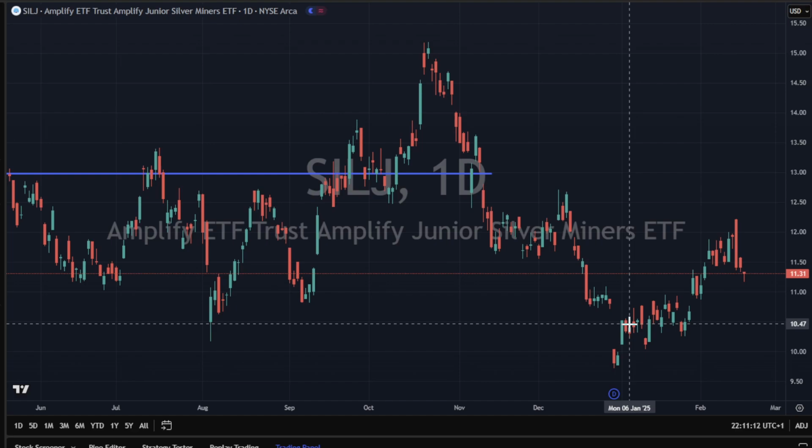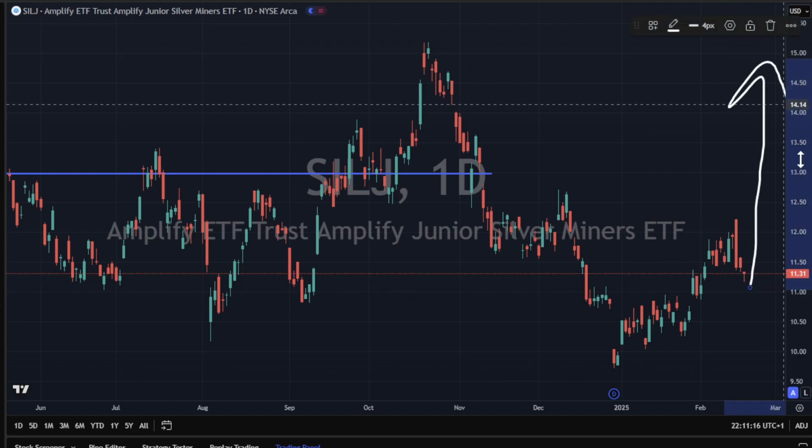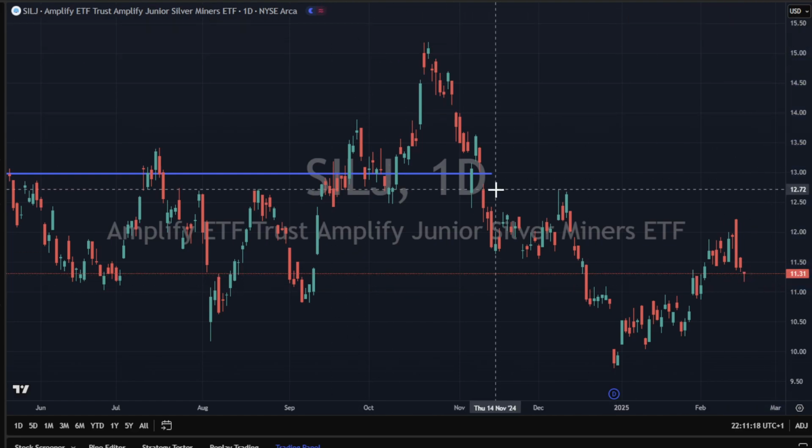If we get a problem in the physical market, I think the miners could do crazy things because it will be the only outlet for people to gain exposure to physical metals. And I'm wary about the futures pricing, the paper contracts, because if they can't deliver the metal, what's the value of the paper future contract at that point?